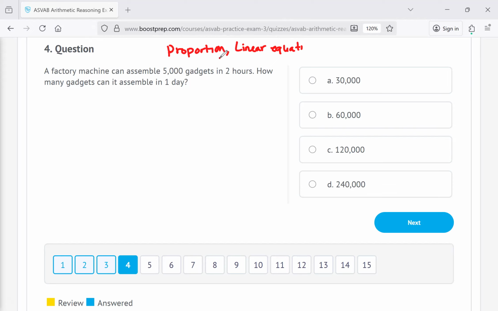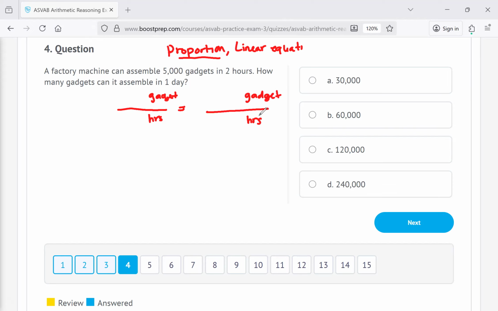So I know this is a proportion. How do we set up a proportion? We set it up like this. You can do it however your units work. We have gadgets, so you could put gadgets on the top and hours on the bottom. That means this has to be gadgets, and this also has to be hours, correct?